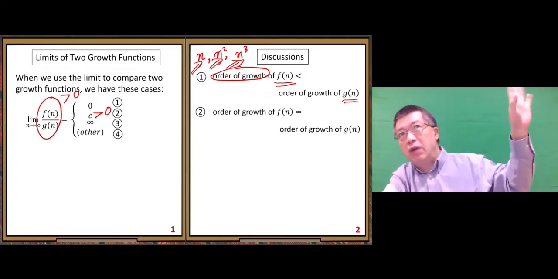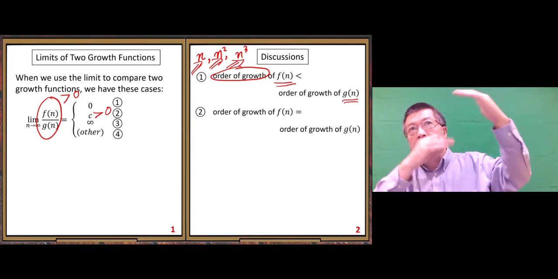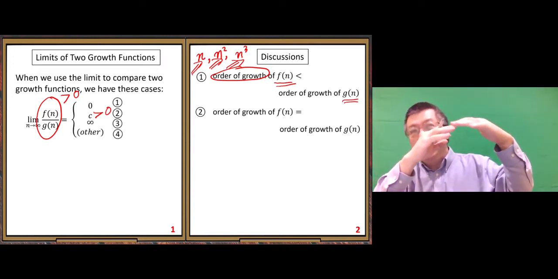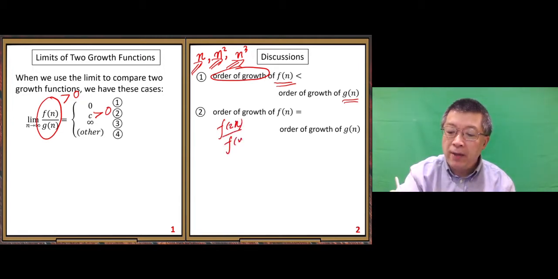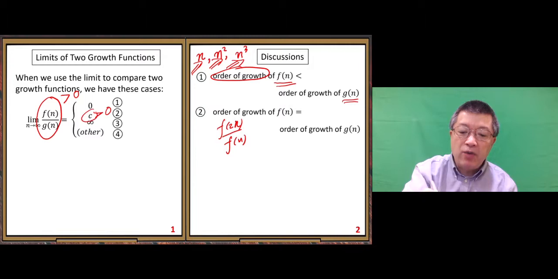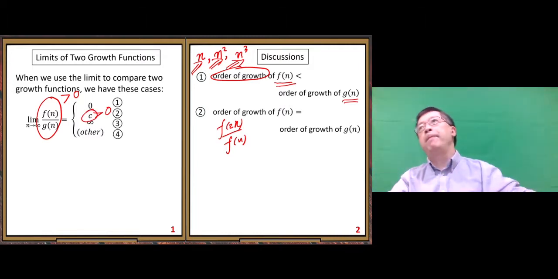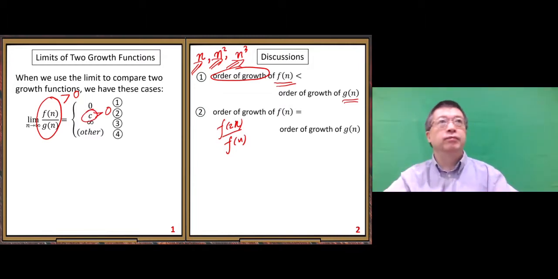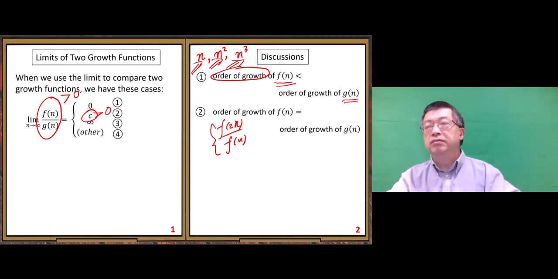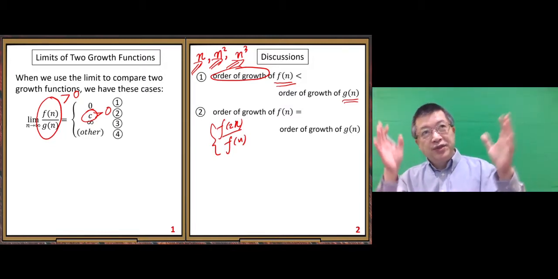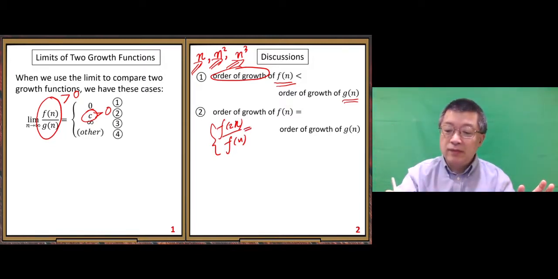Based on our previous video, when we do the ratio, f of 2n over f of n, that positive constant is gone. We cancel it out when we do the ratio like this. So these two functions have the same order of growth.